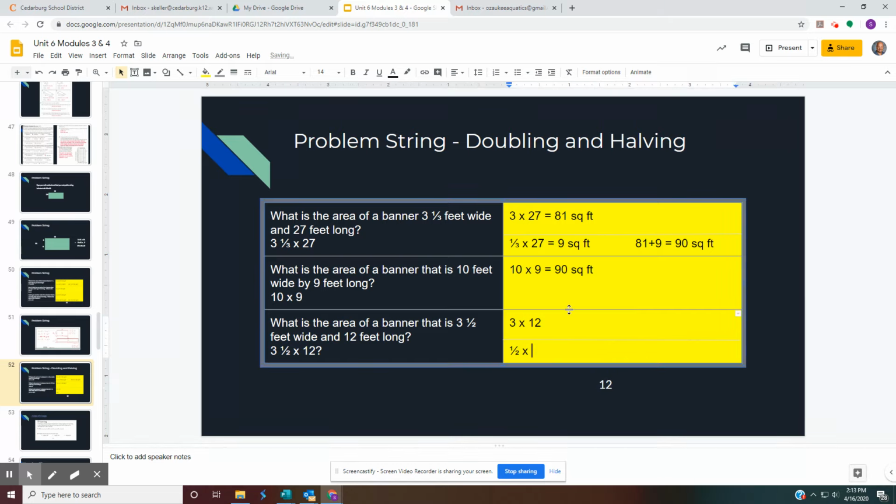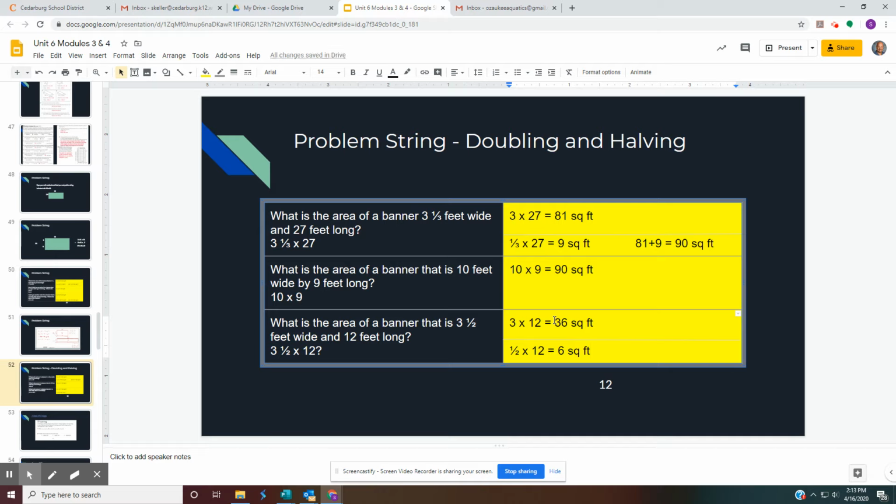And I'm taking 1/2 times 12. Now I have to figure out what each one of these arrays is. 3 times 12 is what? 36 square feet. And then my next problem is 1/2 times 12, which is 6 square feet.